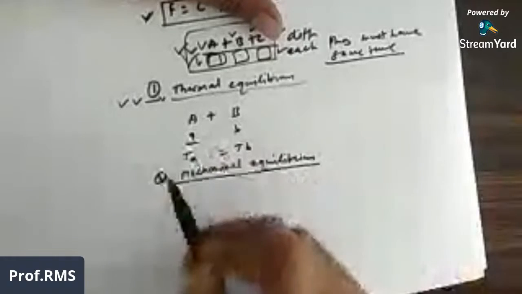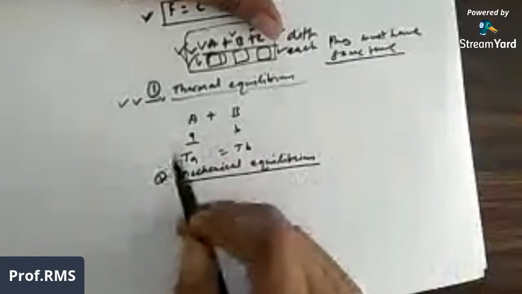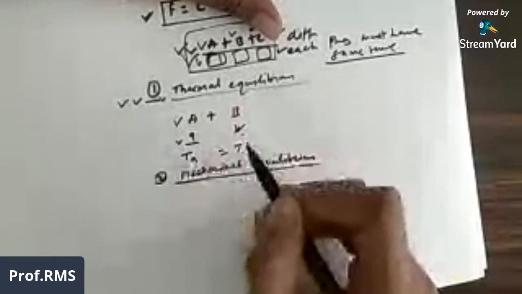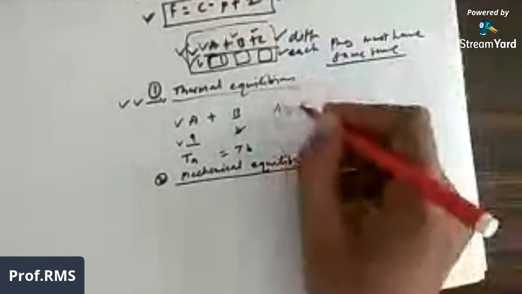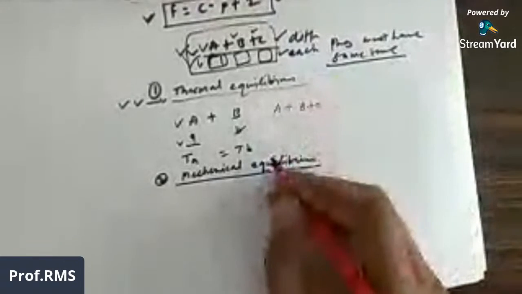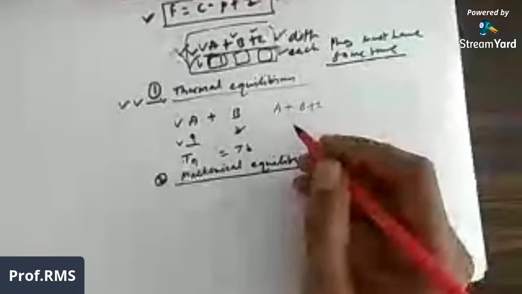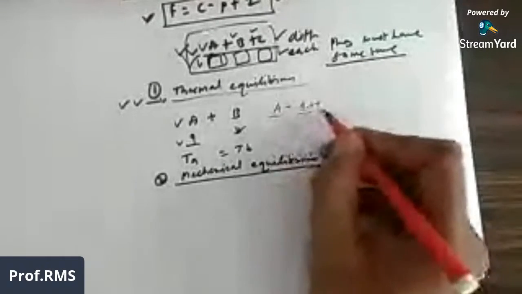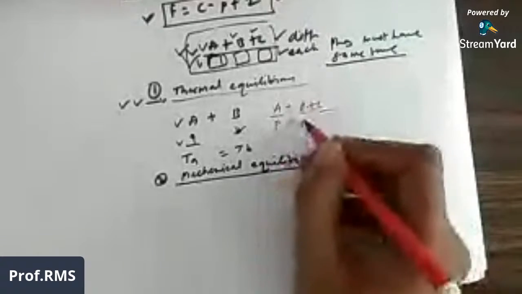Again, if we have a multi-component system with multiple phases, the pressure should be the same in each phase. Consider the example of a multi-component system with component A, component B, component C. The mechanical condition is that each phase has the same pressure. That is mechanical equilibrium.